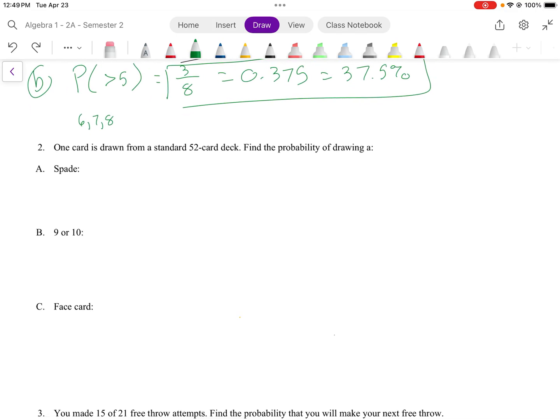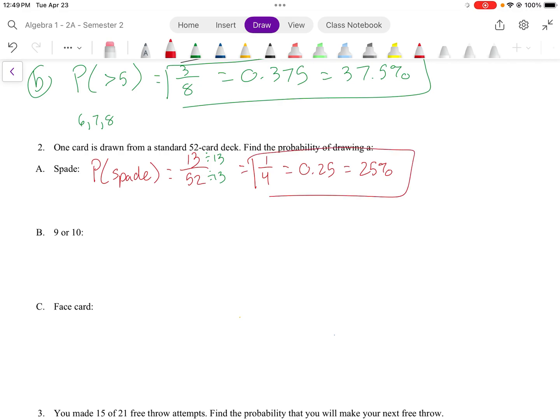In number 2, it says 1 card is drawn from a standard 52-card deck. Find the probability of getting a spade. All right, so the probability of getting a spade is, well, there are 13 spades out of the 52 cards. These are both divisible by 13 to give you 1/4, which is 0.25 or 25%.